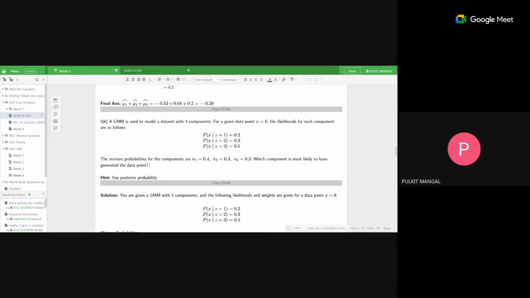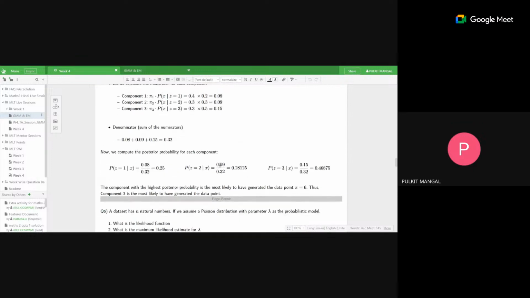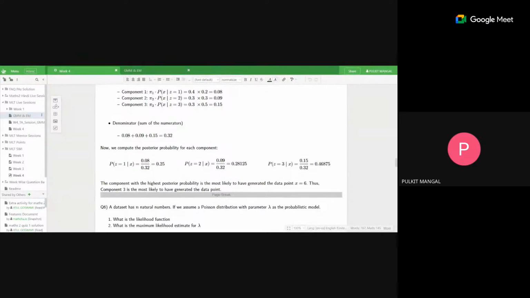The way we do it is we calculate the posterior probability, and whichever is the maximum, the data point is generated from that.